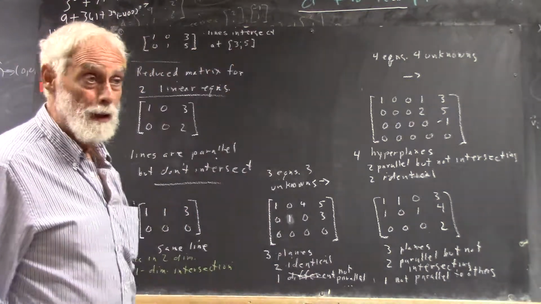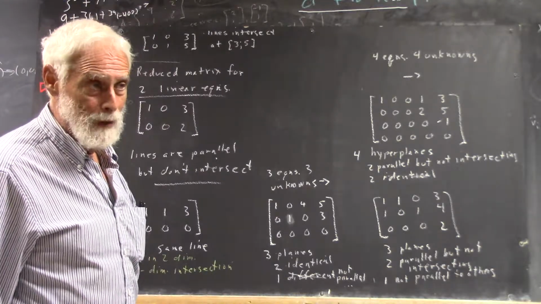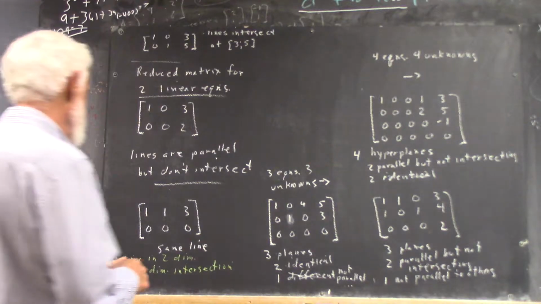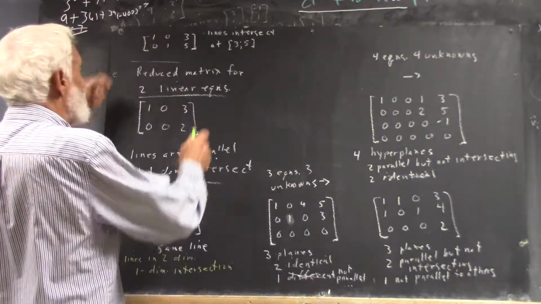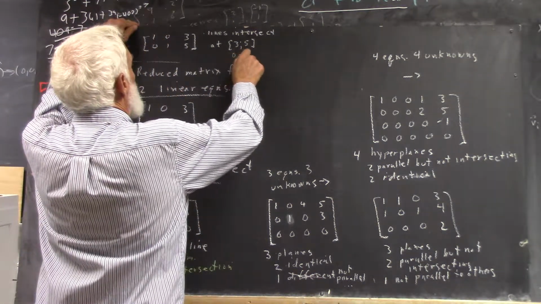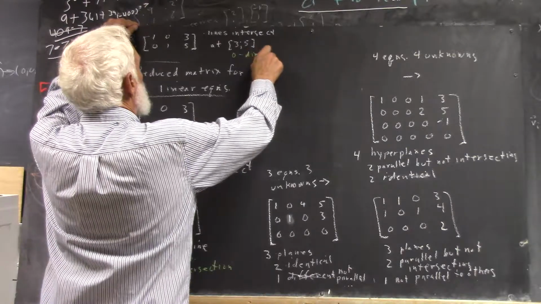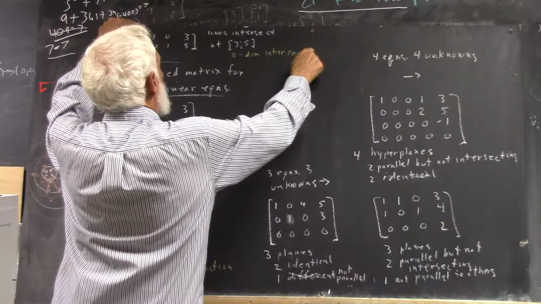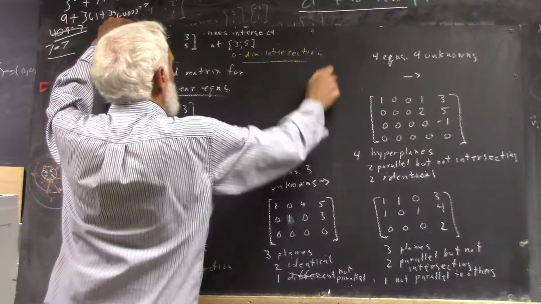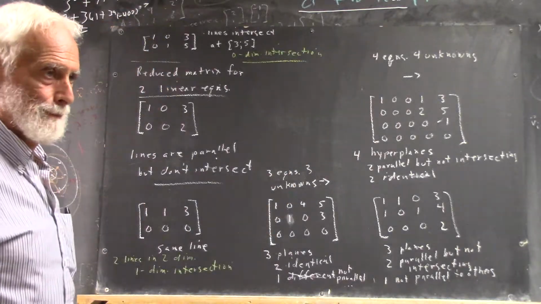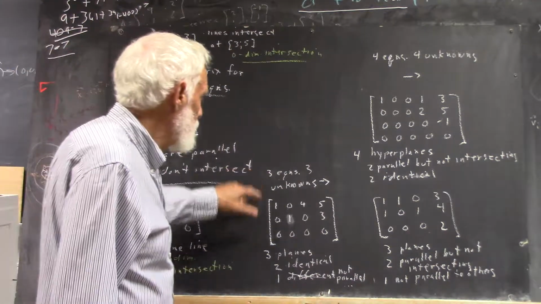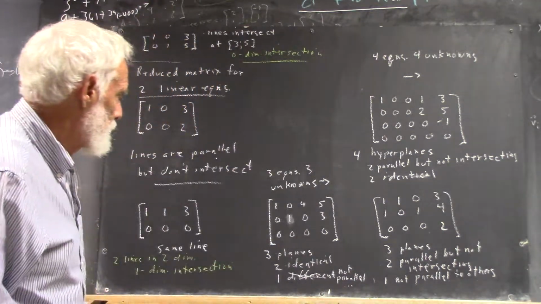Semicolon tells us that's a column vector, right? And yeah, y'all did fine with that notation. So this is a 0-dimensional intersection. Okay? Okay, well, now you got 3 equations and 3 unknowns.